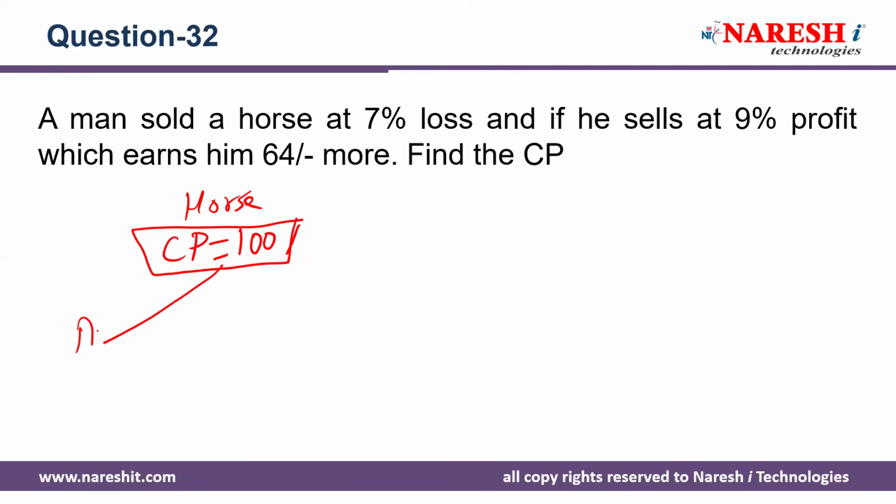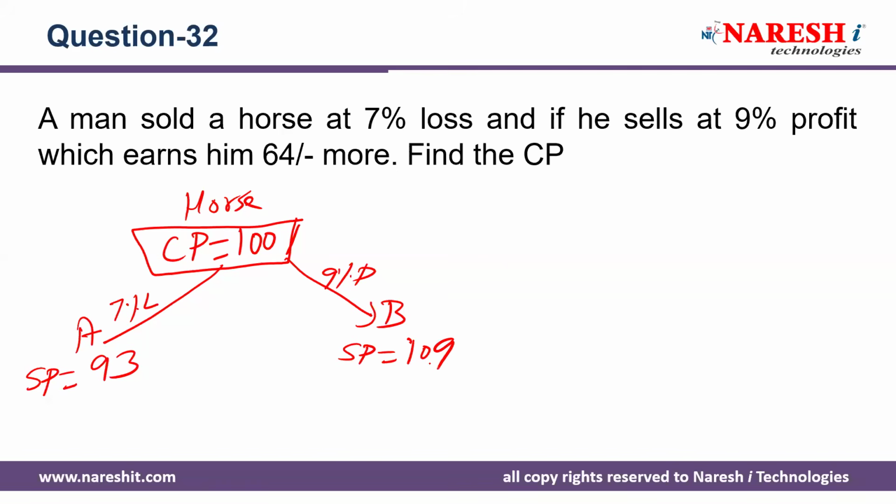If it is sold to one customer, he has 7% loss. That means the SP of the product will be 7% less than 100 because it's a loss, 93. If it is sold to another person getting 9% profit, then the selling price will become 109, because there is 9% profit on 100 rupees.